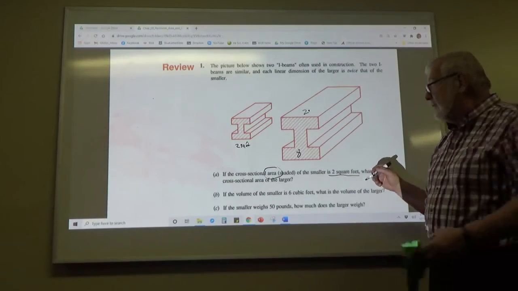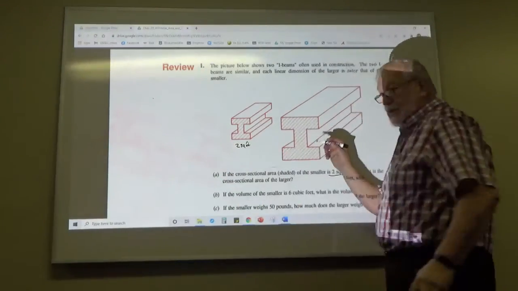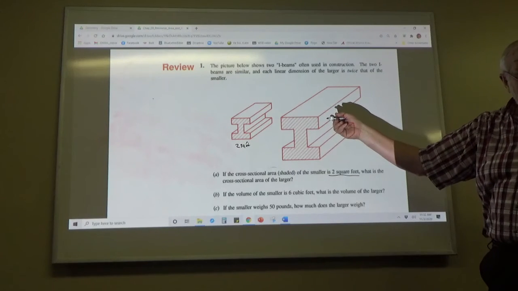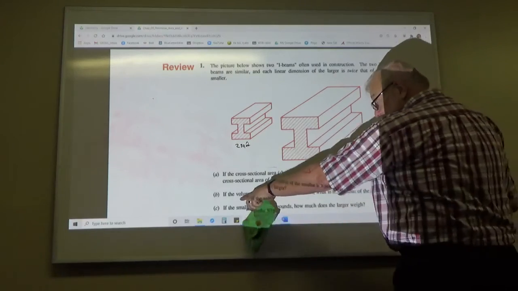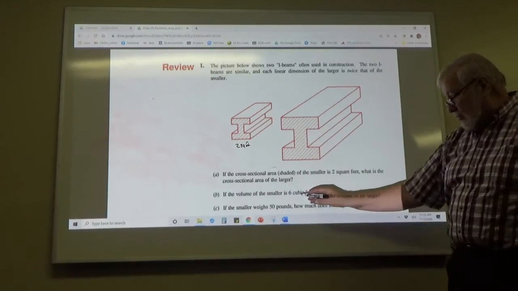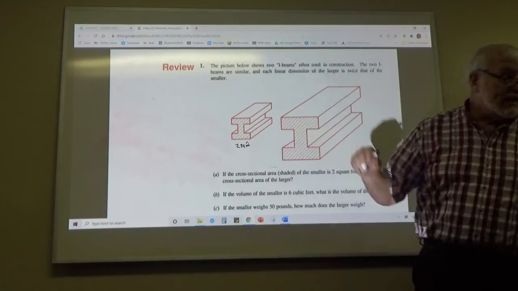If it was volume, it would be 2 times 2 times 2, or it'd be 8 times the volume. Which is the next problem. Okay? So, if the smaller one is 6, then the volume of that will be 6 times 8, 48.